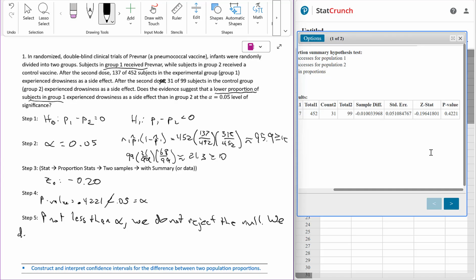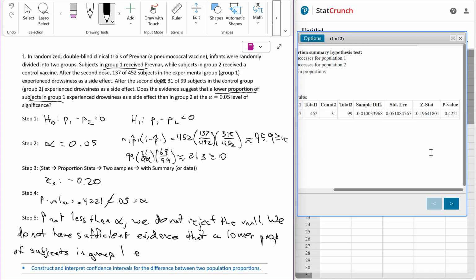We do not have sufficient evidence that a lower proportion of subjects in group 1 experienced drowsiness.